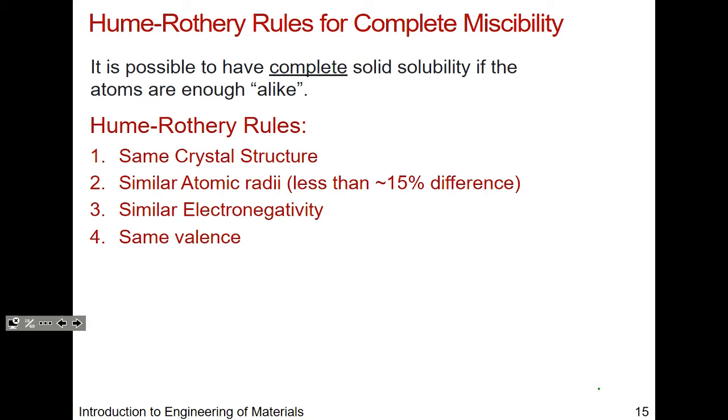Well, there are some rules. It's actually called the Hume-Rothery rules, named after the scientist, Hume-Rothery himself. And it outlines some basic principles on predicting if two components will form a solid solution. So inevitably, you're going to have some component that is in the minority phase, so you just have less of it, weight percent-wise, atomic percent-wise.